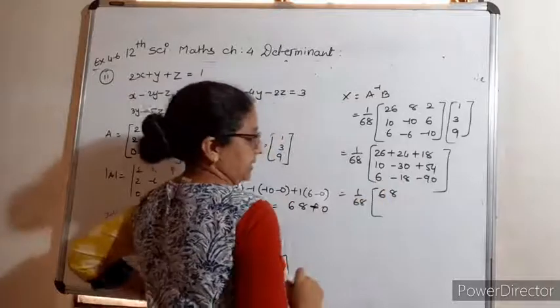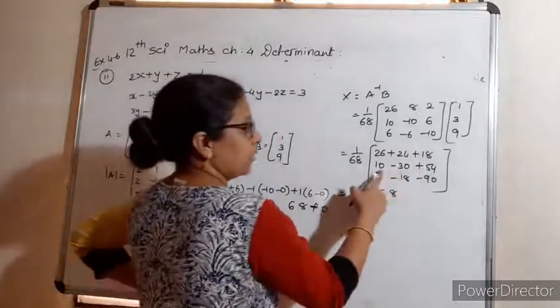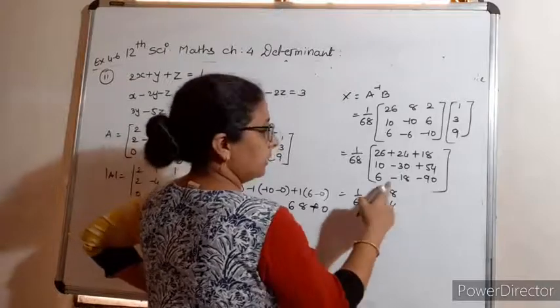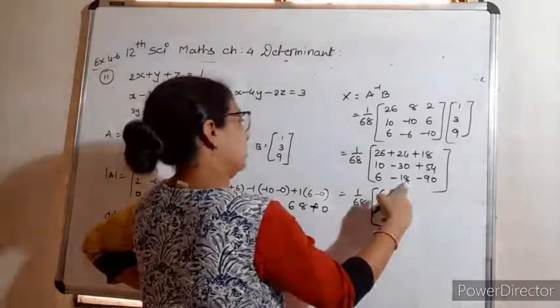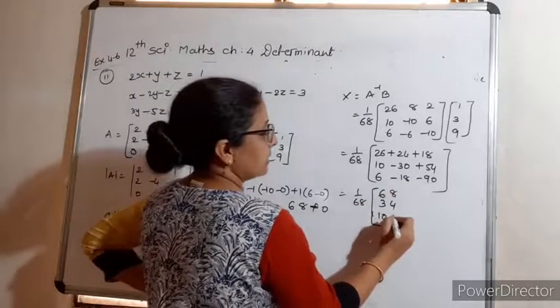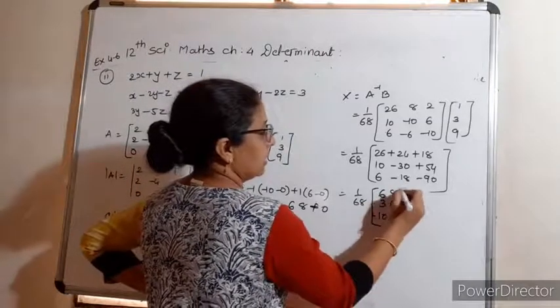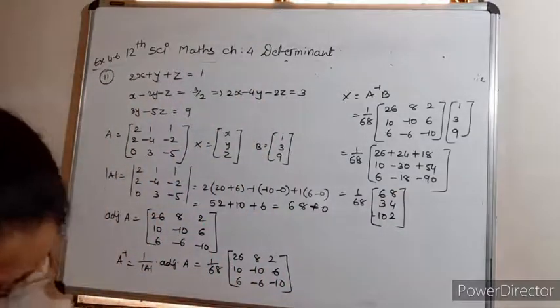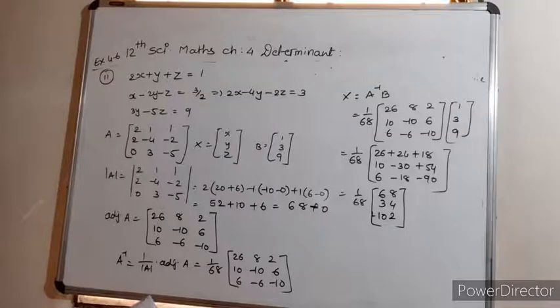This addition is 68. Here 64 minus 30 is 34. And here it is 108, that is 102. Minus 102 is there. Right? Got it? Or is there any mistake? We'll check it first. Then go ahead. This is our question number 11.